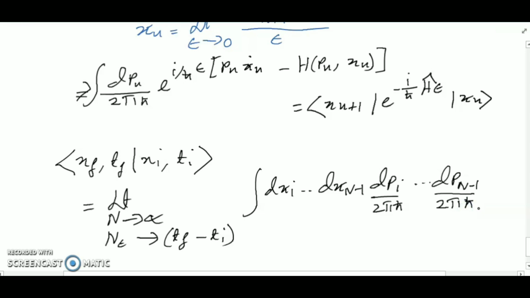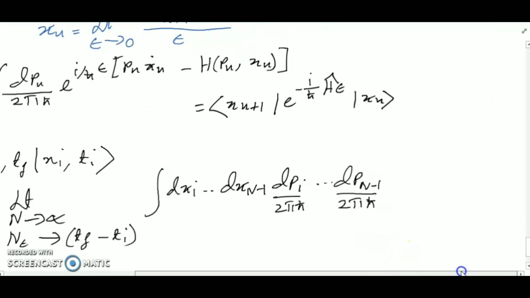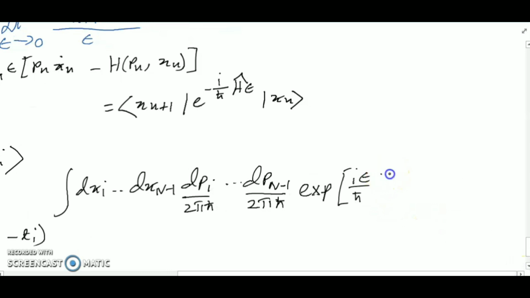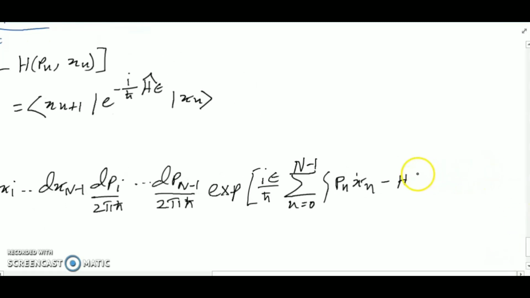Okay, more we can write this way, and it can be written exponential i epsilon divided by h bar, summation n equals 0 to n minus 1, p n x dot n minus H classical function of p n comma x n.